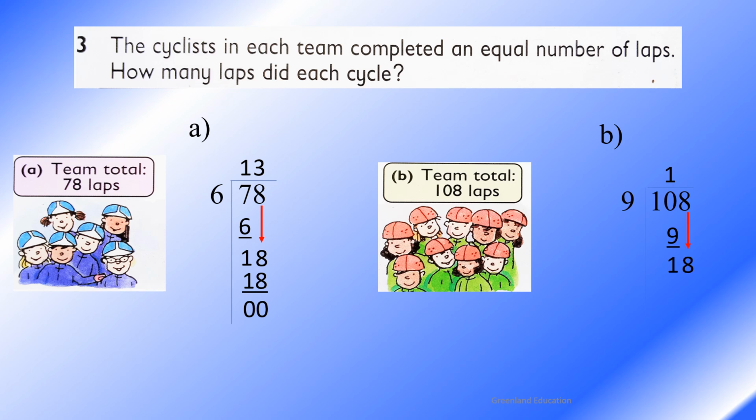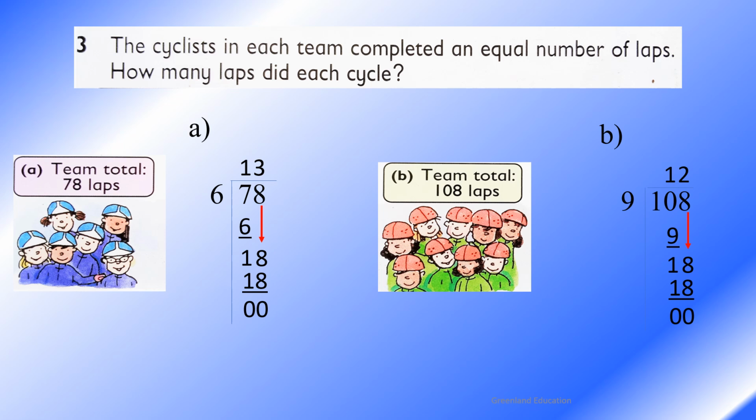Then you have to consider 1 and 8 as 18, as a whole unit, 1 unit. Next you check how many 9s are there for 18. Again you have to go through the 9 times table. 9 times 2, 18. You write 18 down. The next step is you have to subtract 18 from 18.